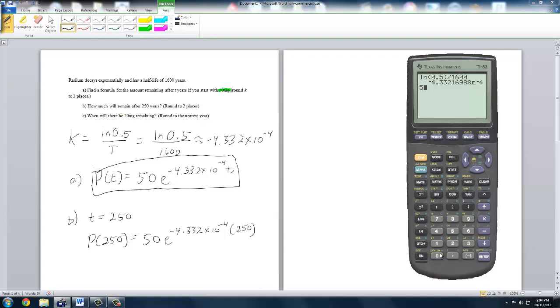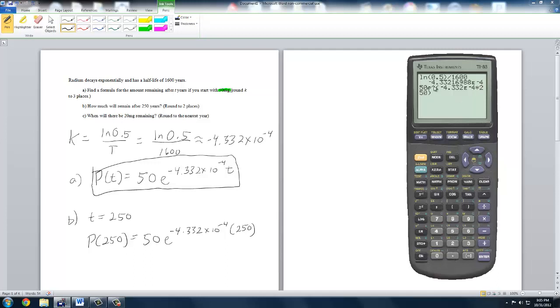So we take 50 e to the negative 4.332, second function comma to get the exponential, negative fourth, times 250, and then close our parentheses off.